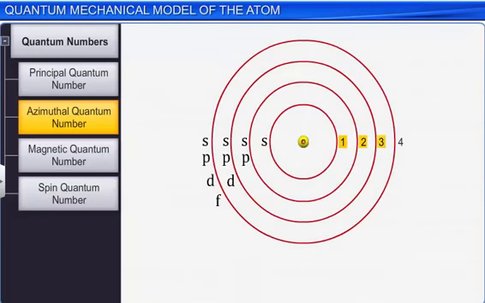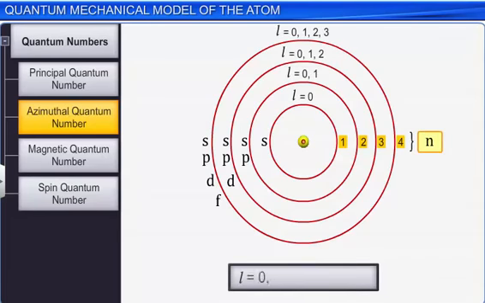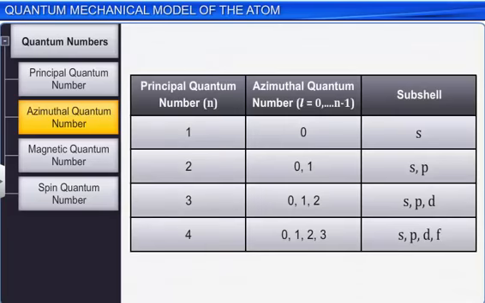For a given value of the principal quantum number n, the azimuthal quantum number l can have n values ranging from 0 to n-1. The value of l, in turn, defines the number of subshells, which means that when n is equal to 1, l is equal to 0. That is, there is only one subshell in first main energy level.